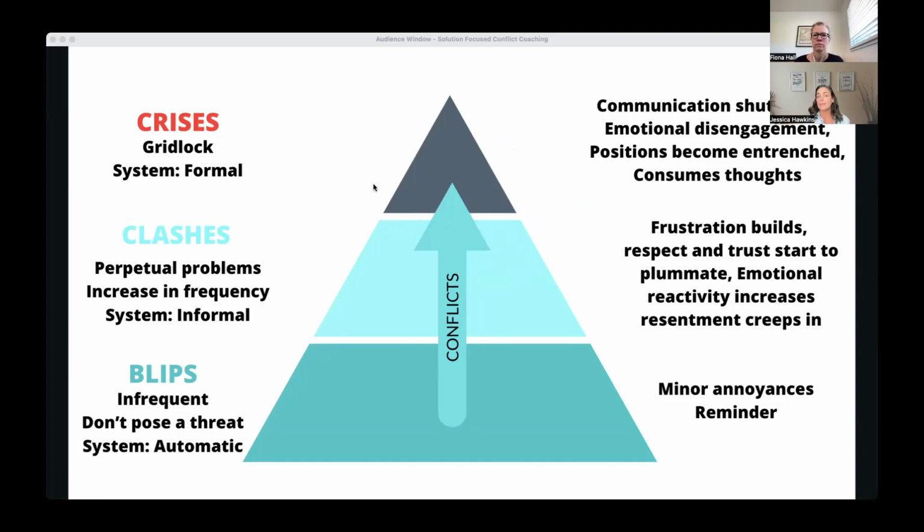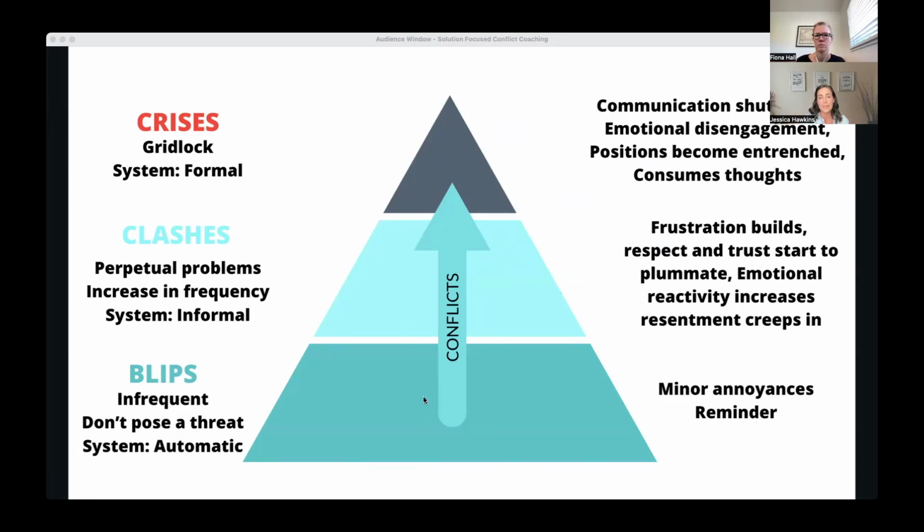And that's when communication has shut down. People have become emotionally disengaged. They're very entrenched in their positions, are really stuck in their conflict stories, and it's usually consuming their thoughts. And once it's up here, it's exceedingly difficult to work with.